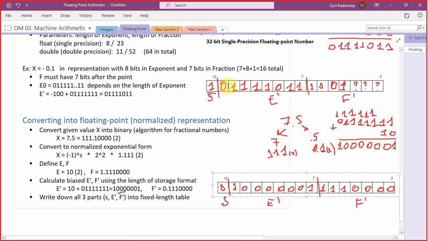But the computer can decide to increase this space and get more space. Yes, of course. If you have more space available, you are able to represent much bigger and much more precise numbers. But we'll talk about that.